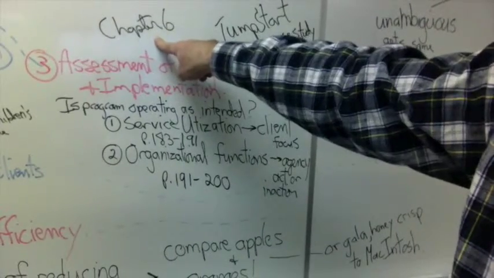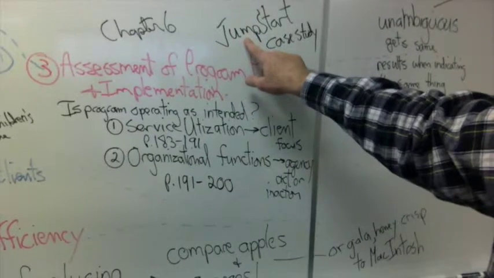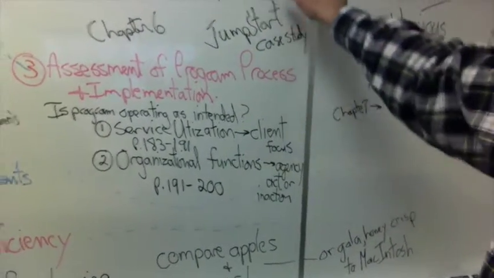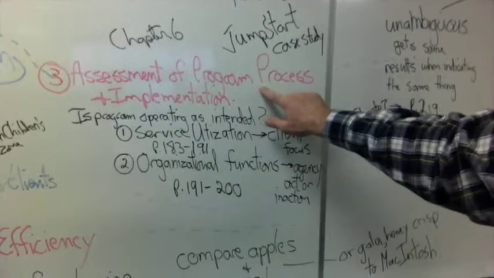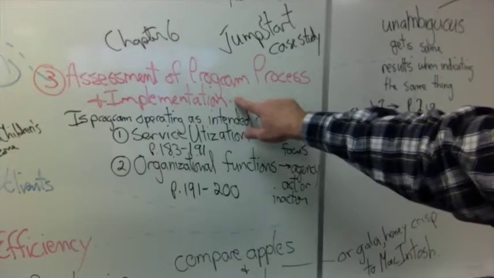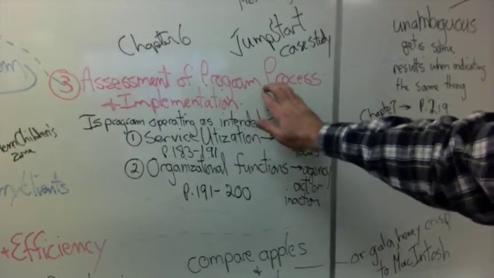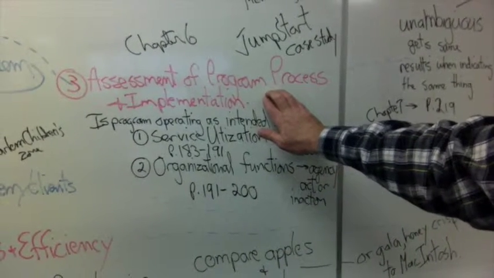And it was addressed in the case study about Jumpstart, the college mentoring program, and how they expanded over time, and how they tried to make sure that the program that they envisioned was actually the program being implemented. And so that's the key task of the assessment of program process and implementation.